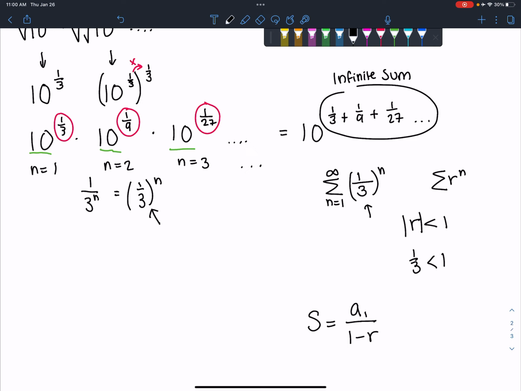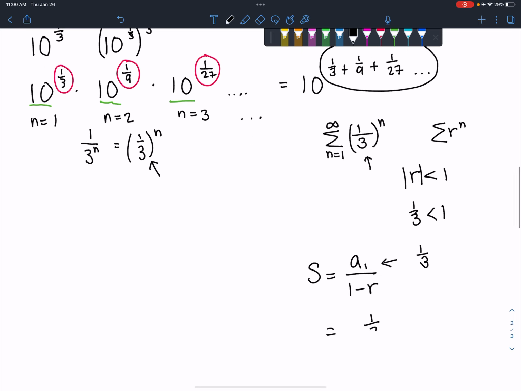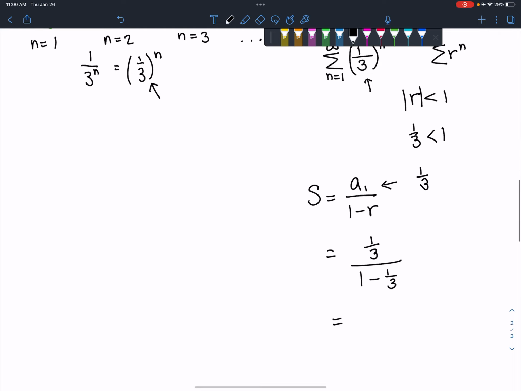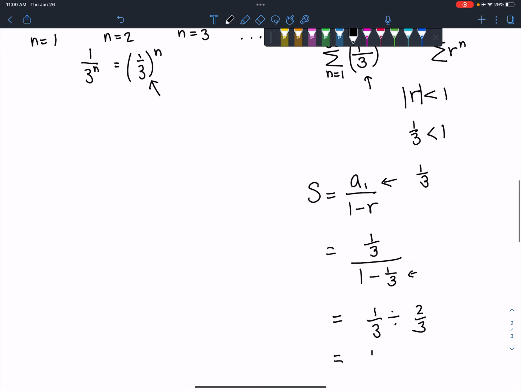In our case, the first term, a1, is equal to 1/3 anyways. So we have 1/3 over 1 minus 1/3, which means it's 1/3 divided by 2/3, right? So 2/3, which gives us 1/3 times 3 over 2, which gives us 1/2.